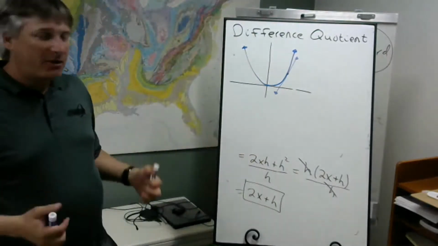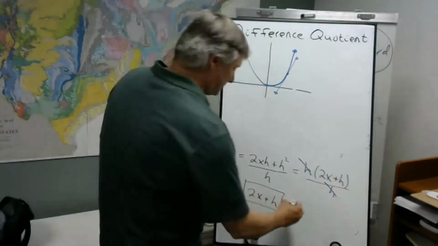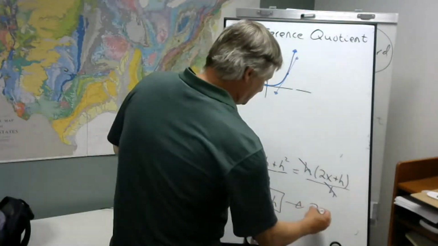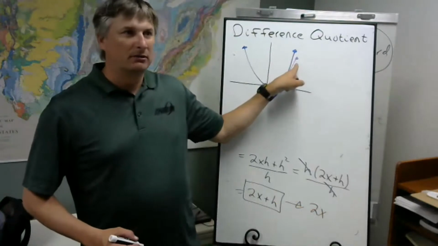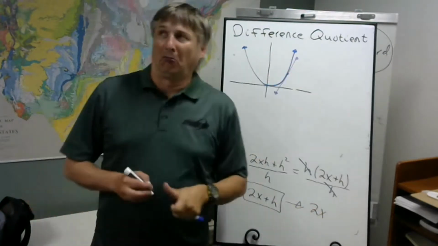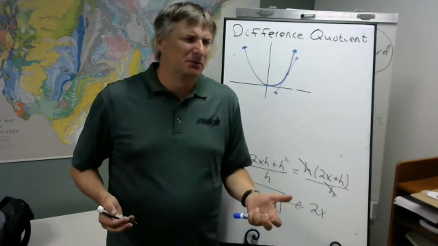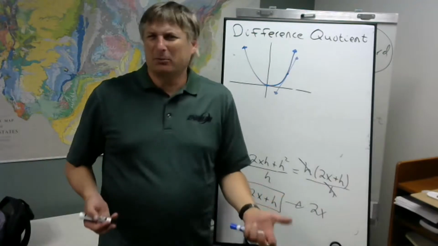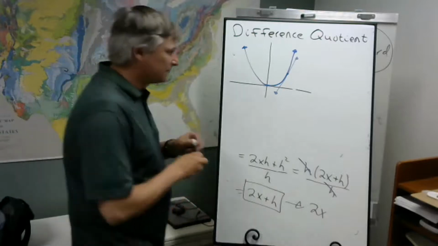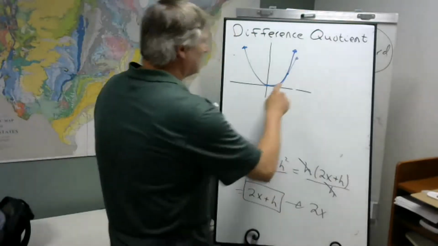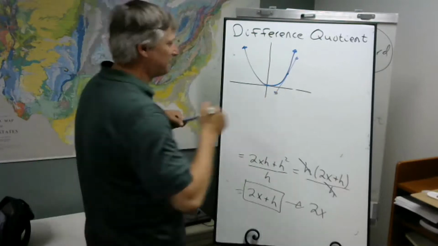So when we do the calculus part, we let the h practically become 0. So basically what we get is 2x is the slope of this line. Usually slopes are just numbers. How can a variable be the slope? Well, in this case, the slope depends upon the x value.